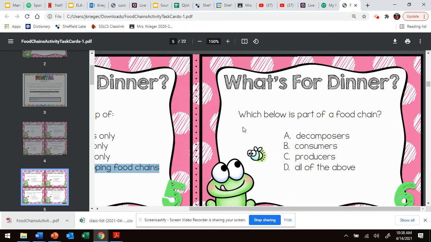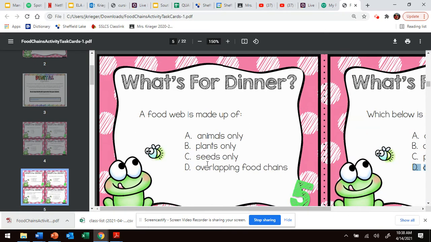Number six, which below is part of a food chain? Decomposers, consumers, producers, or do all of them have to be part of a food chain? And it is D as in dog, all of the above.